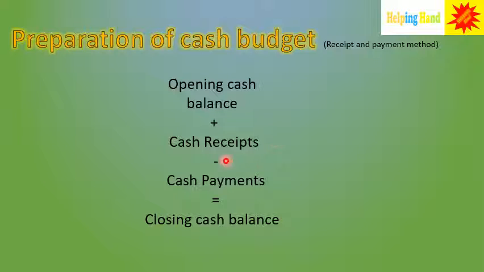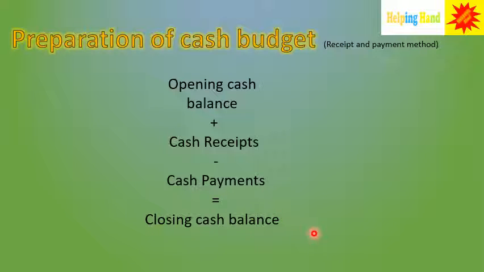After this, we shall minus all the cash payments which we are estimating that we shall incur in that budget period. When we do this, we shall arrive at our closing cash balance.